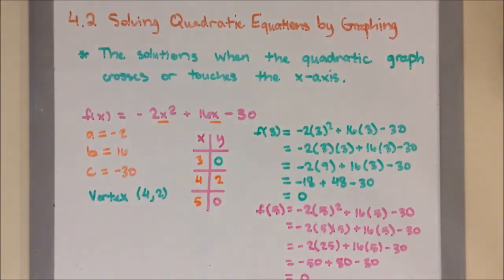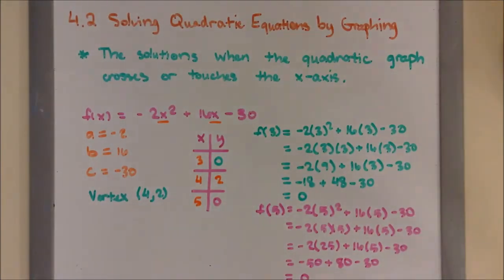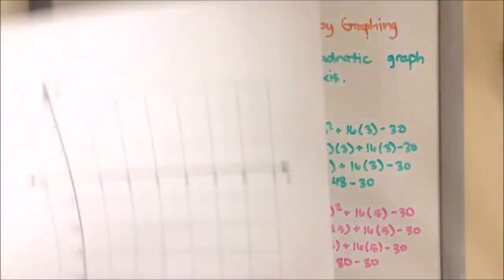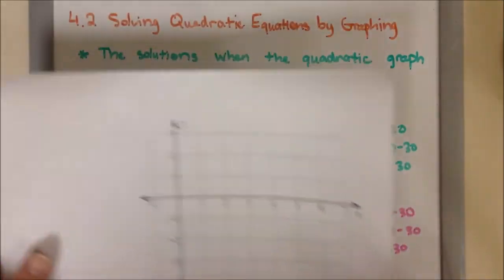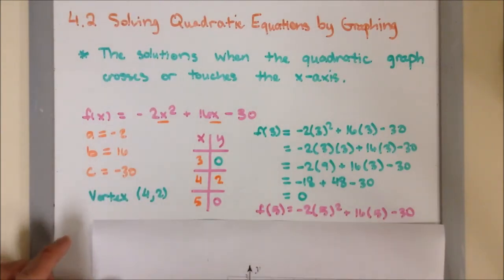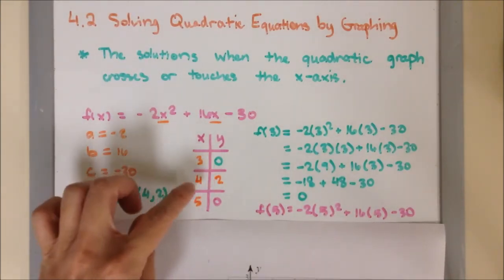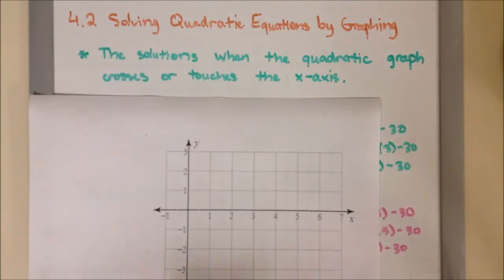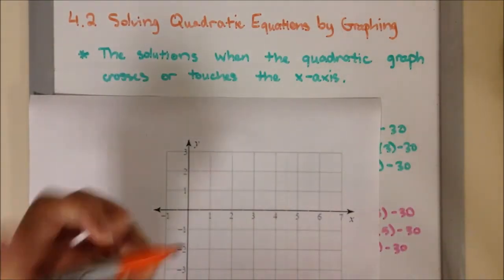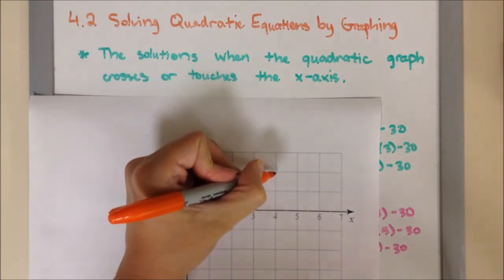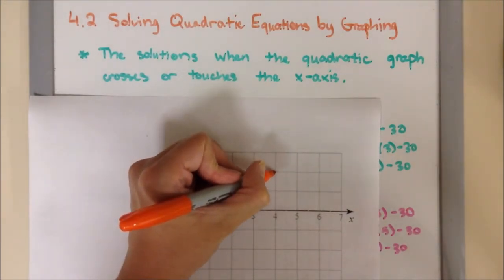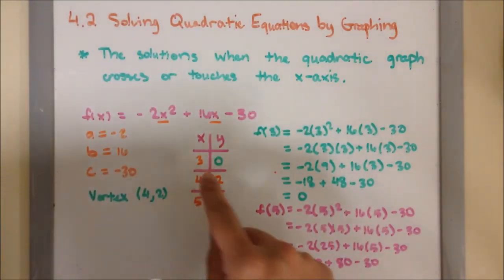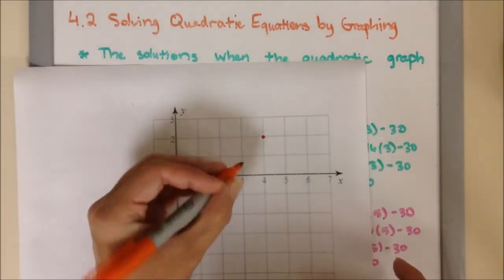So we're going to graph using this. Looking at our points, 3, 0, 4, 2, and 5, 0, our vertex will be 4, 2 right here. This is our first point, the vertex. Now, the one on the left is 3, 0 right here.